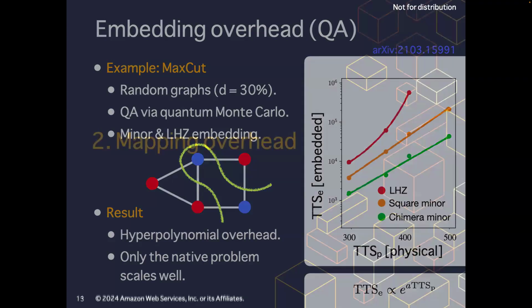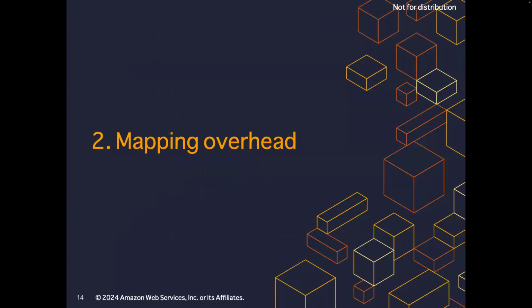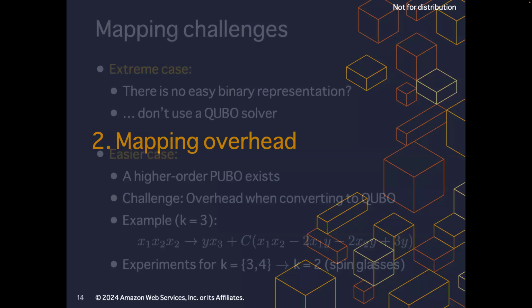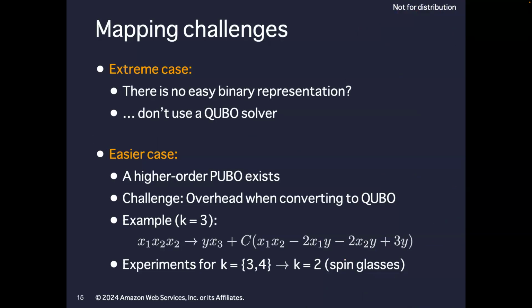Now, what about mapping overhead? Here we did a very simple example with colleagues from 1QBit a couple of years back, where we looked at relatively simple higher order polynomials. But let's talk about the extreme case. For example, if you have a 27-local Hamiltonian, and there are problems, for example optimization of traffic lights, where the locality of the Hamiltonian grows with the number of variables.